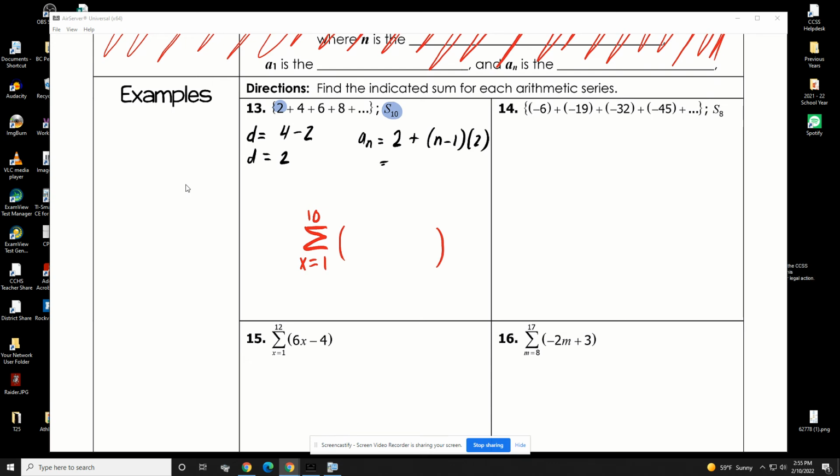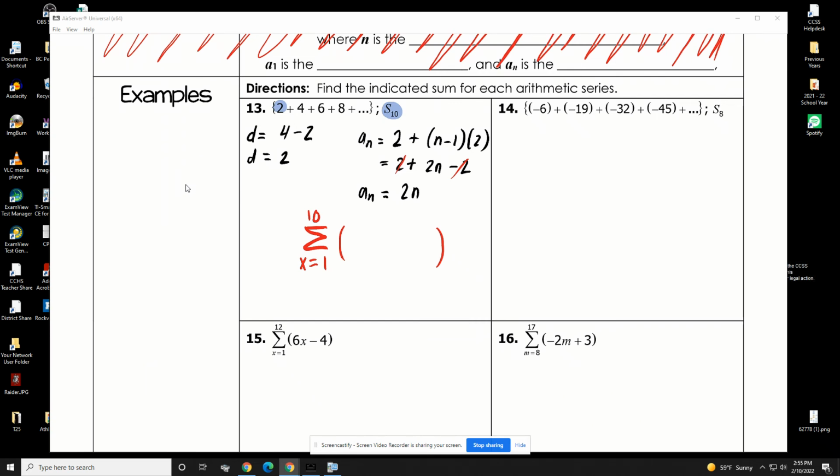I'm going to distribute that 2, so leave 2 plus alone here. 2 times n is 2n. 2 times negative 1 is negative 2. Now, I know that you recognize this. This 2 minus 2 will cancel, but we always start with our variable term, which is 2n, and then those 2's cancel. So there is the explicit formula that goes with this particular sequence.